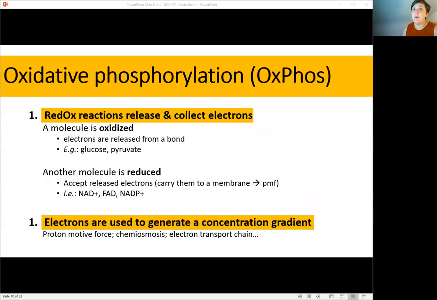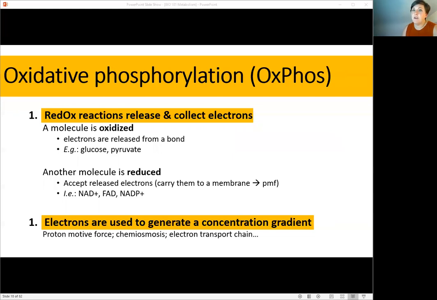Okay, now on to our next method of ATP generation, oxidative phosphorylation. Oxidative phosphorylation, or OXPHOS, involves a series of catabolic and exergonic reactions that end up releasing a bunch of electrons.